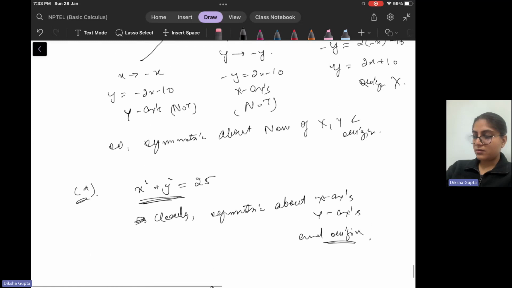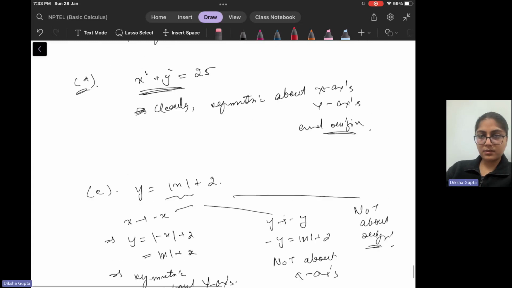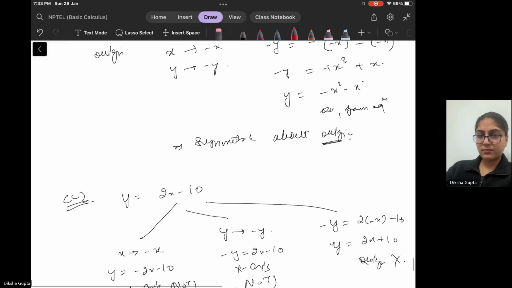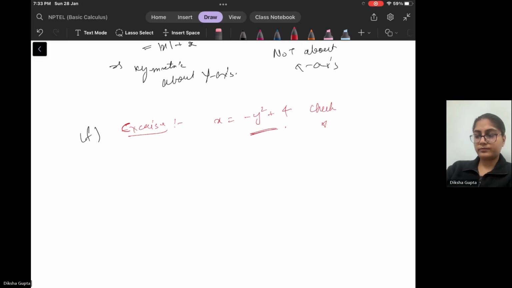So one exercise you can do: x equals minus y square plus 4, check symmetry. Okay.